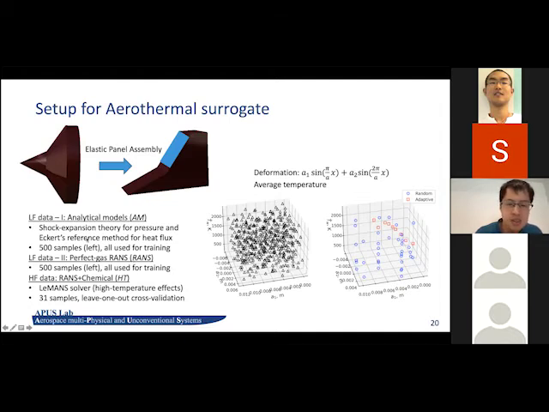Each of these is relatively easy to generate, so we generate 500 samples, as you see on the left. For the high fidelity data, we use our Arizona collaborators' solver. They generate the data for us, so we only see the data. That's about 31 samples, as you see on the right.